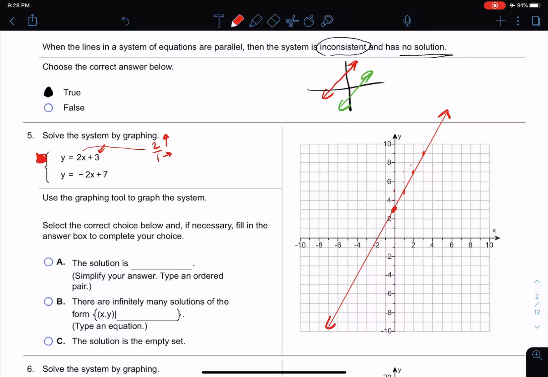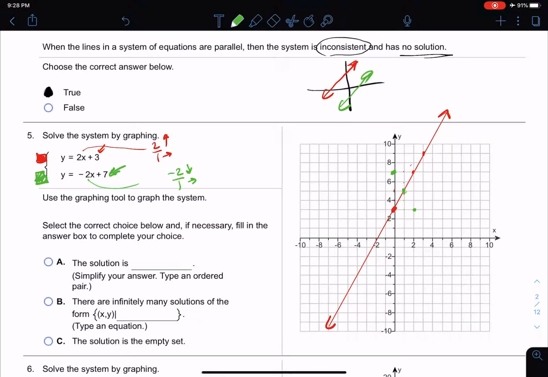There's my line. Now let me do the second one in green. And the second one is also awesome because it's already in slope-intercept form. It says the y-intercept is 7. So I go up here to 7. There's 7. And it has a slope of negative 2 over 1. That means go down 2 and right 1. So I'm going to go down 1, 2, right 1. Oh, nice. There it is. 1, 2, right 1.